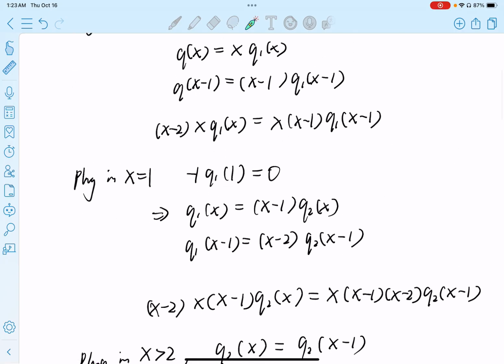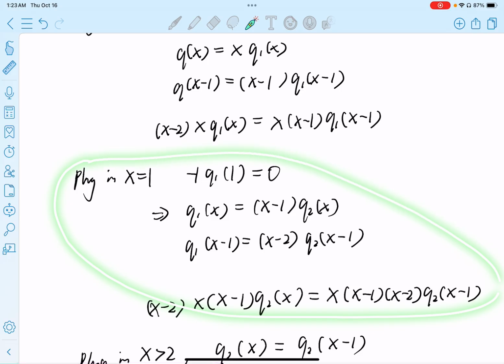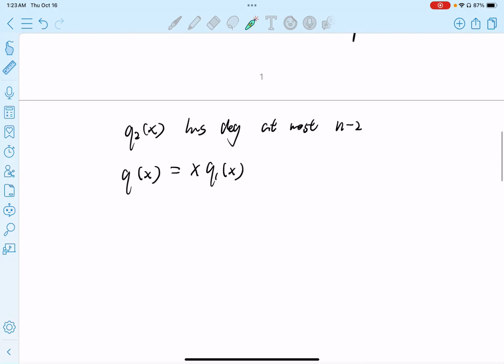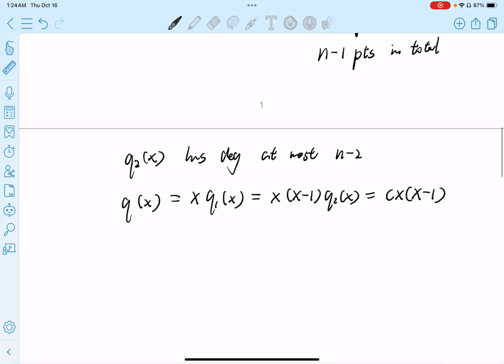And from this part, we know q has a root of 1, so we can further split q1 into x minus 1 times q2. And we know q2 is a constant. So this equals C times x times x minus 1 for some constant C. This gives us the overall expression of q of x. And this is also complete, meaning that we have found all of the polynomials that satisfy the requirement.